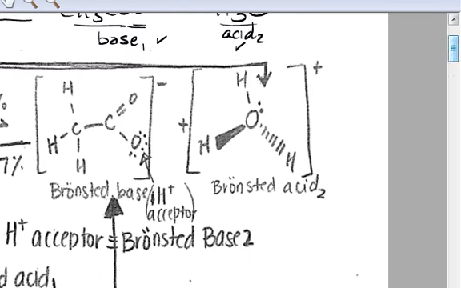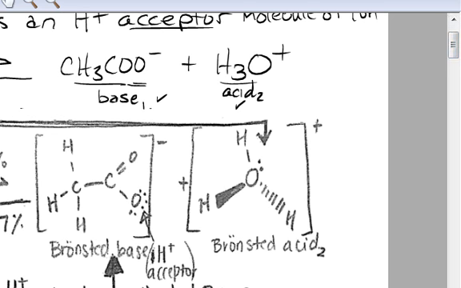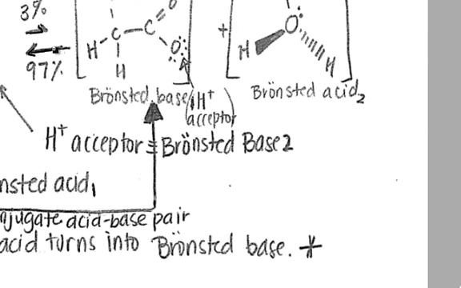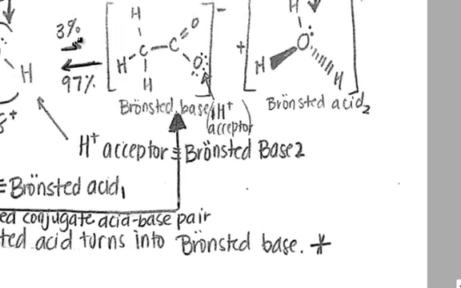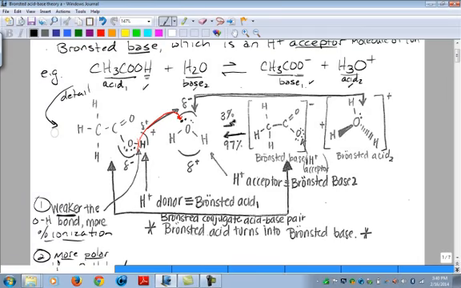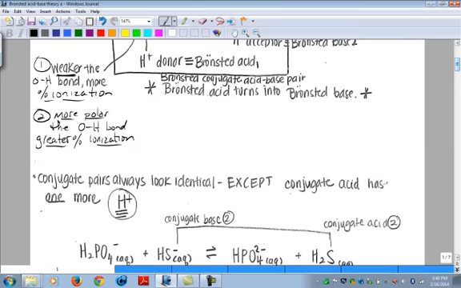Though all OH bonds are polar, some are more polar than others based on the rest of the acid molecule. In the case of ethanoic acid, at equilibrium there's generally, for most concentrations, about 3% ionization. Most of the ethanoic acid molecules are just that, molecules. They have not reacted with water, they have not ionized into ethanoate and hydronium cation. Figuring out just how weak the OH bond is and how polar the OH bond is will be the subject of another tutorial.